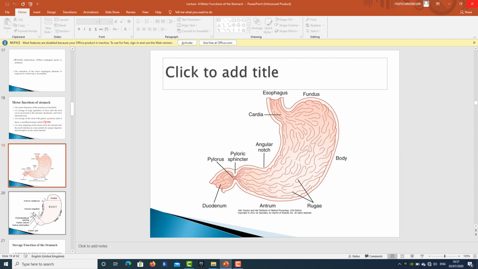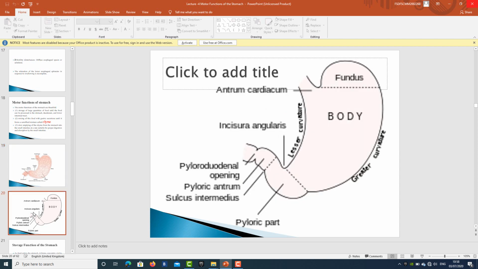There is the fundus, body, antrum, and then there is a sphincter, and later on it continues in the form of the duodenum. See the fundus, the lesser curvature, the greater curvature, the body of the stomach, and then the antrum.